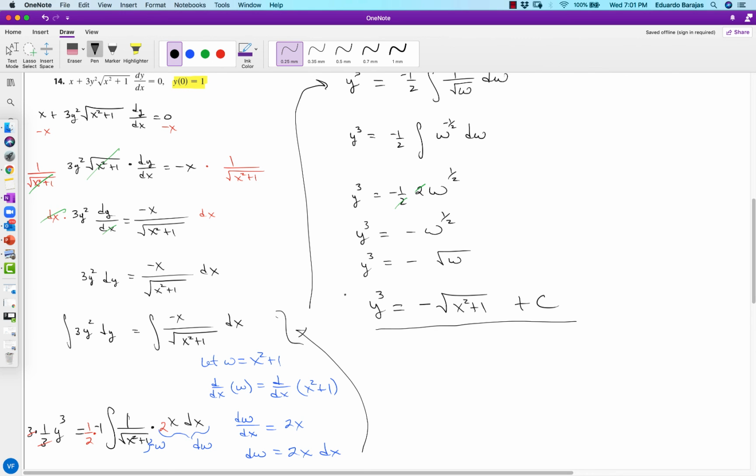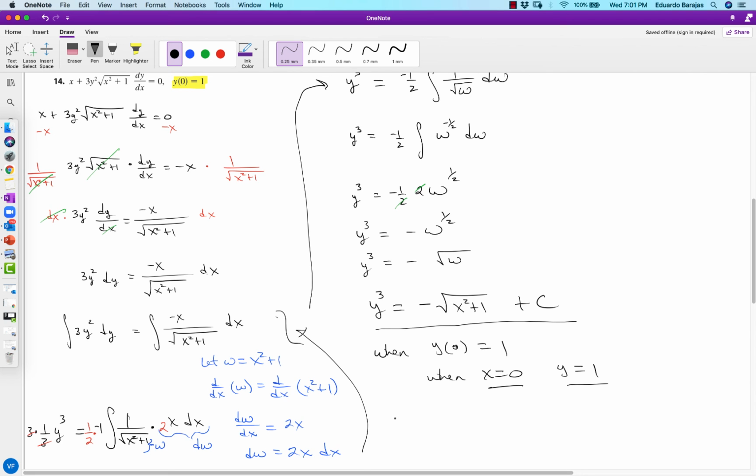Now, ordinarily, we'd be done there, except they give us a boundary condition. So now we get to use this. When x equals 0, y equals 1, right, that means that the input value is 0. Good. So we just substitute 0 for my x, and y gets substituted by 1.